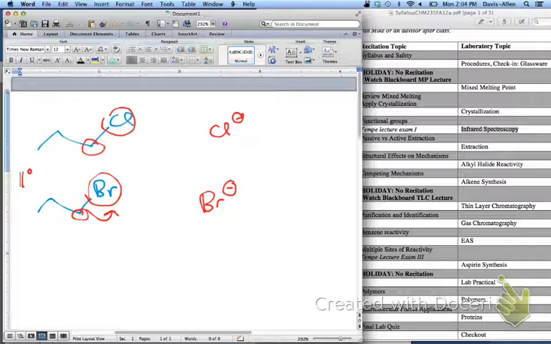So those are your two primary lessons when it comes to substitution: leaving group ability, and then stability of either your carbocation for the SN1 or steric hindrance for the SN2. What happens if we made this an SN1 reaction? Now we could get this to react in an SN1 type of case. Why? Well, let's just erase that and fix it.